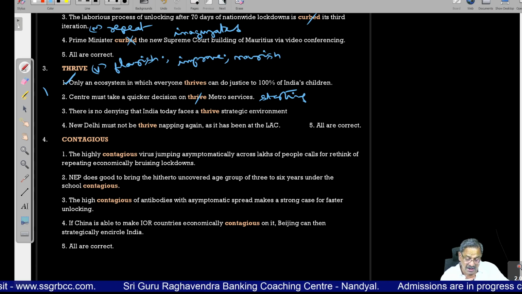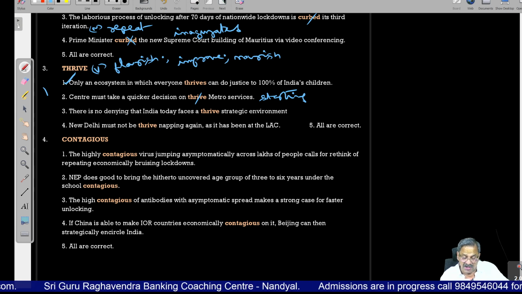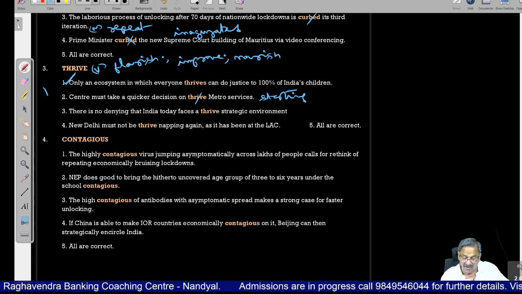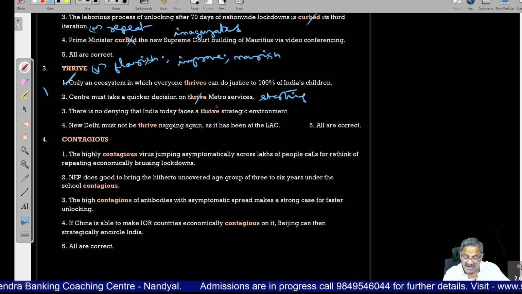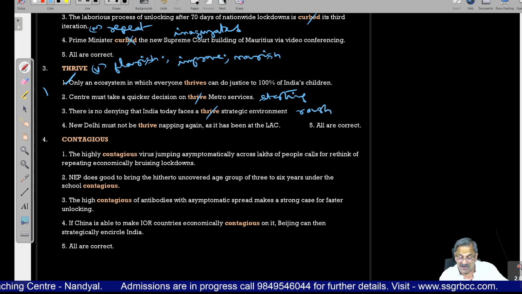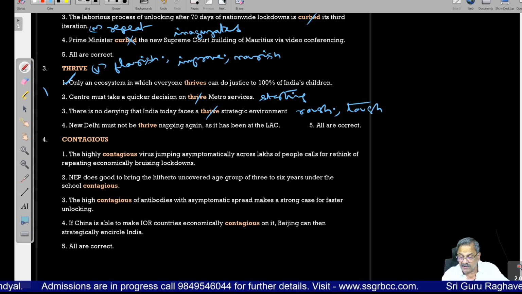There is no denying that India today faces a thrive strategic environment, not strategic. Faces a rough, R-O-U-G-H, rough strategic environment, or tough, T-O-U-G-H.